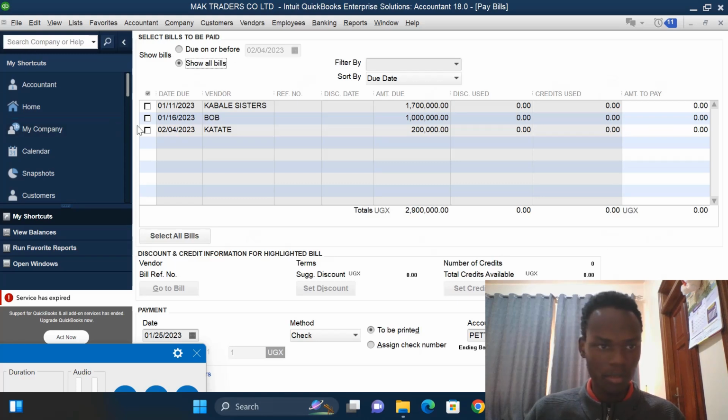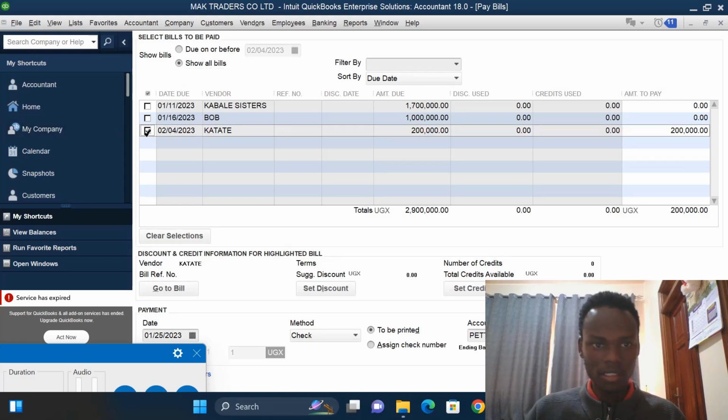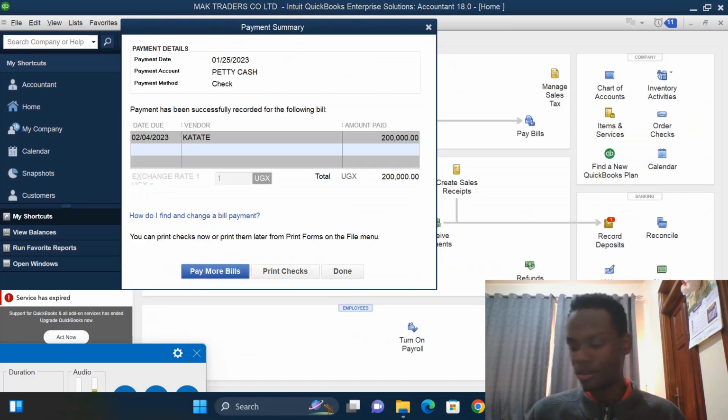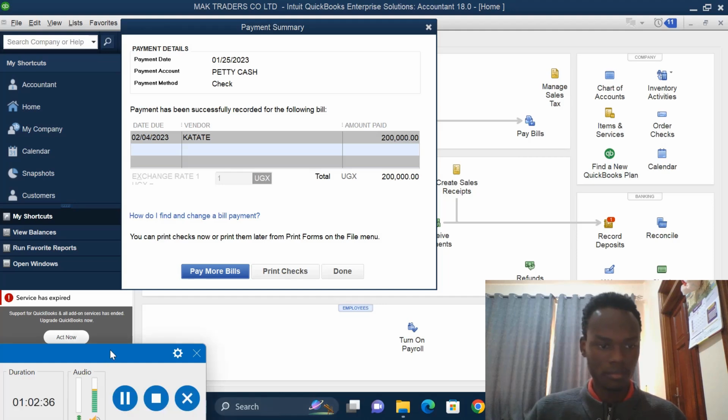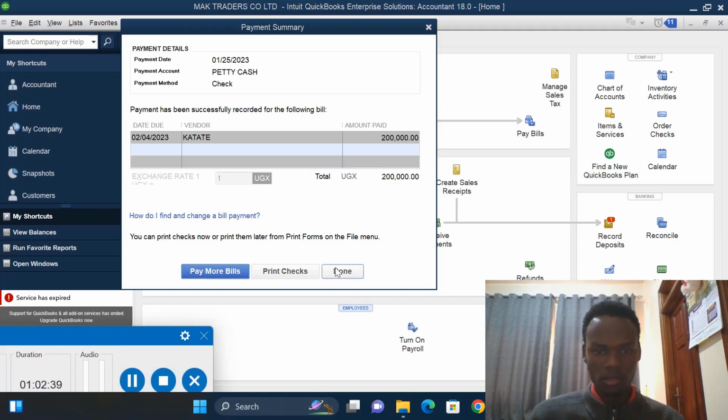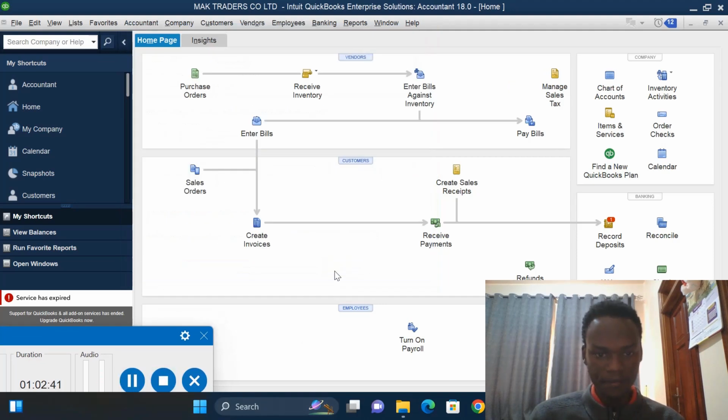And we'll go to pay bill. So select Katata and we can use the petty cash. The selected bill. Okay, so we're done.